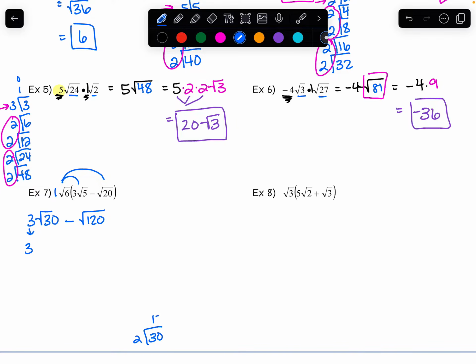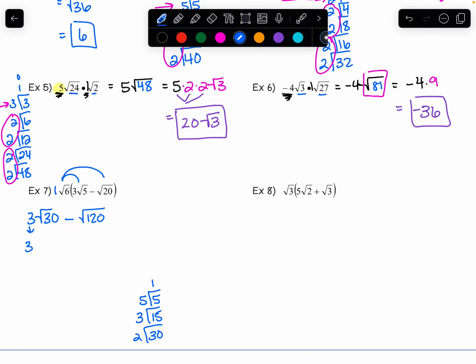Goes in 15 times. Smallest prime number that goes into 15 is 3. Goes in 5 times. And 5 goes into itself once. When you get to 1, you're done. That's the candle to the cake. Do we have any pairs here? No. So the square root of 30 is as simplified as it's going to get, so that's going to stay that way.